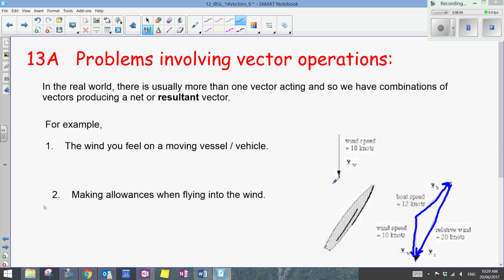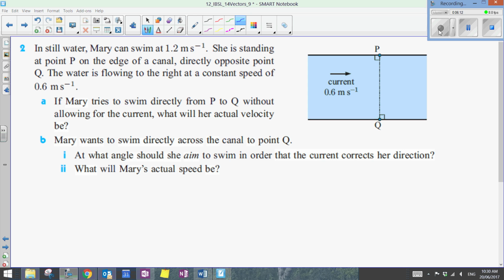So what we'll take a look at next is just an example of a swimmer who's trying to cross a canal and has some current affecting the swim. So Mary is standing at point P, and she's trying to cross the canal to get to point Q. She's able to swim at 1.2 meters per second.